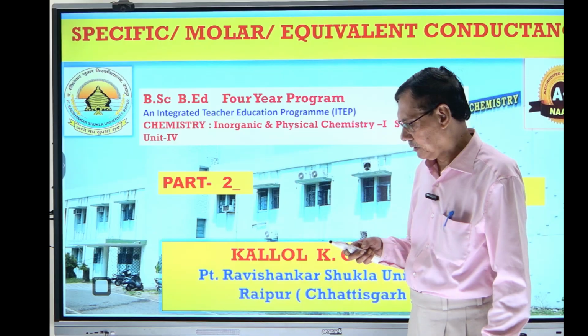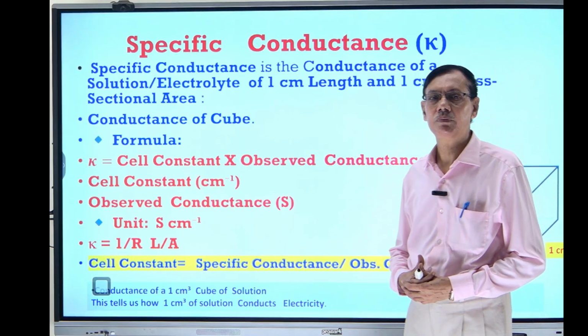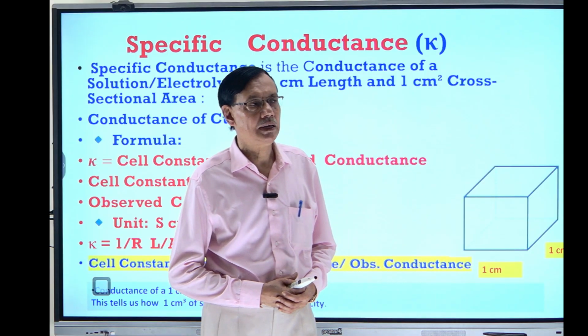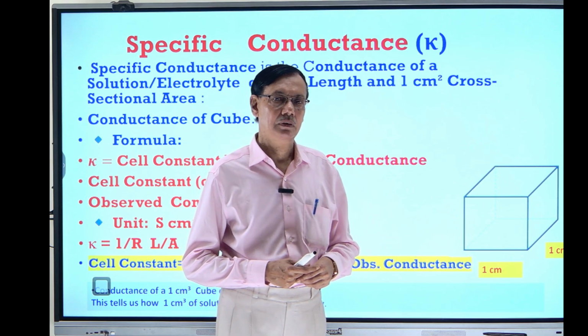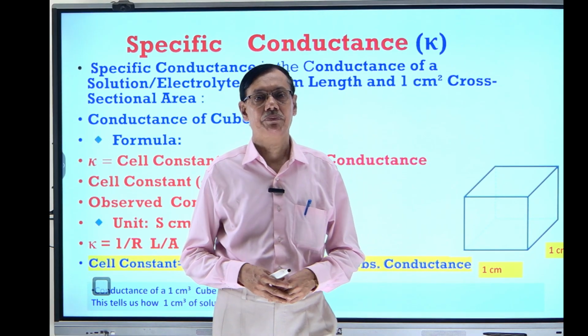So let me start with the specific conductance. Now, yesterday I discussed the actual definition of the conductance with the help of the resistance. Basically, reciprocal of the resistance is the conductance.